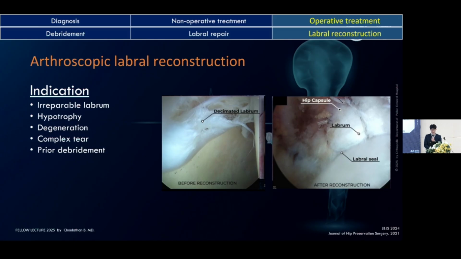For arthroscopic labral reconstruction, the goal is to improve the suction seal effect, contact pressure, and hip stability, and remove the pain generator. Reconstruction is reserved for the irreparable labrum, which is defined as irreparable hypertrophy, degeneration, complex tear, or prior debridement.